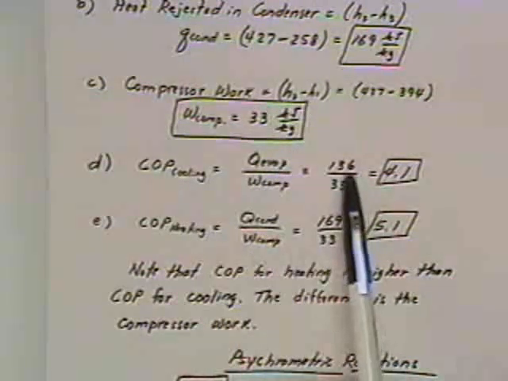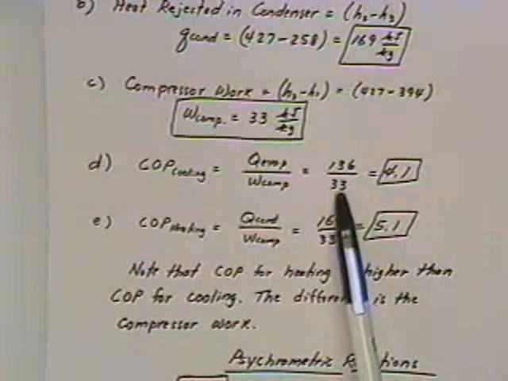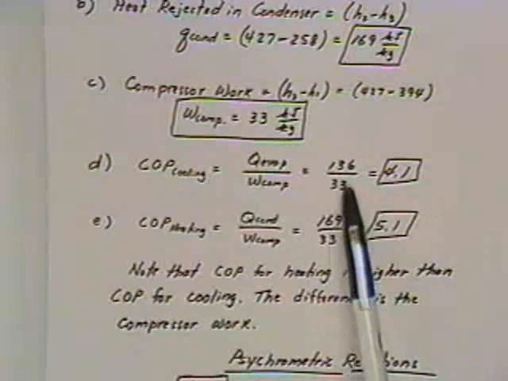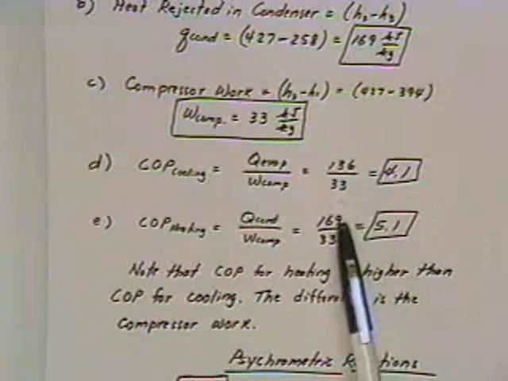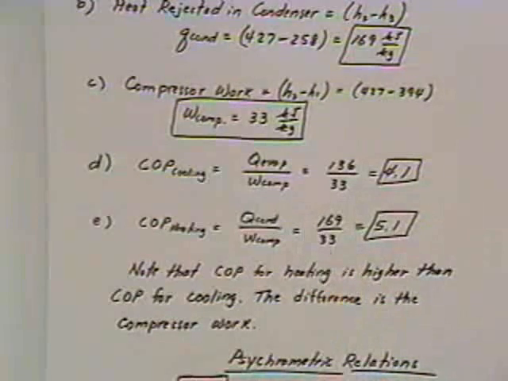The Q in the evaporator was 136, compressor work was 33, so 136 and 33 is 169, and that should equal the heat transfer in the condenser. So this is another check on you to make sure that you're reading the values right off the table.